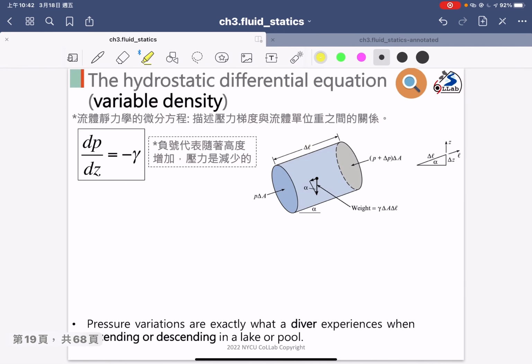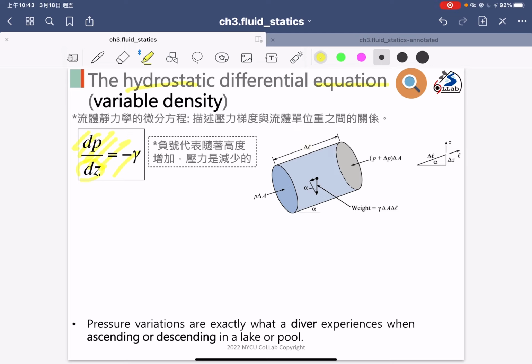In this slide we would like to derive the hydrostatic equation, and the answer is already shown here: dP divided by dz is equal to minus gamma. dP is the pressure change related to the elevation change, and the ratio is equal to minus gamma.